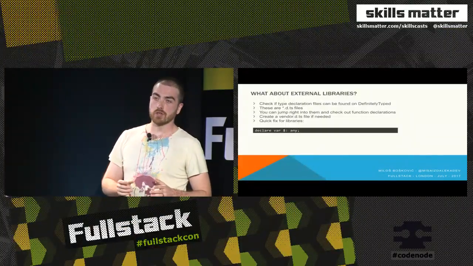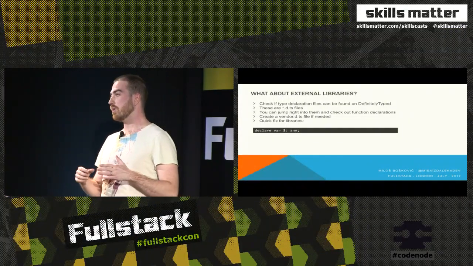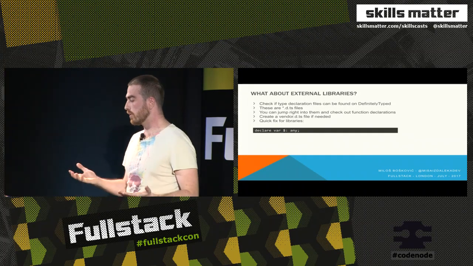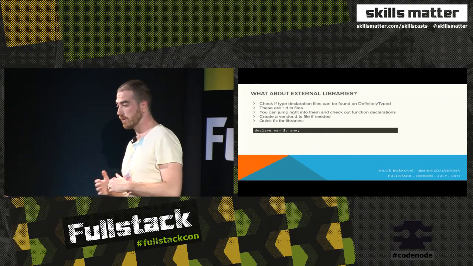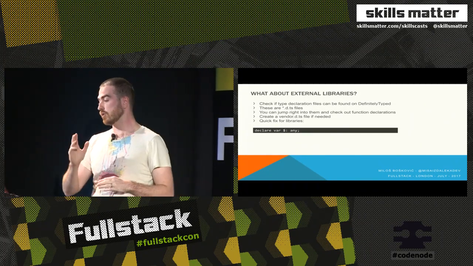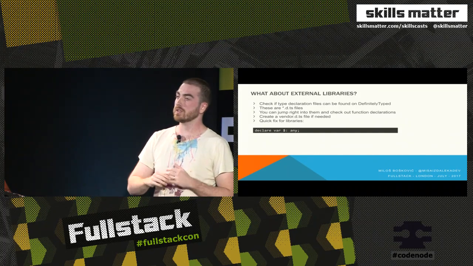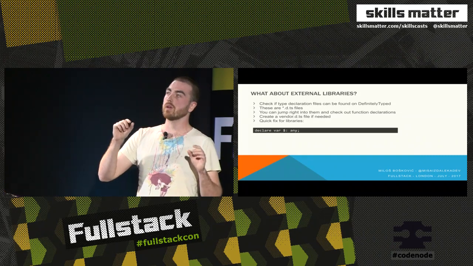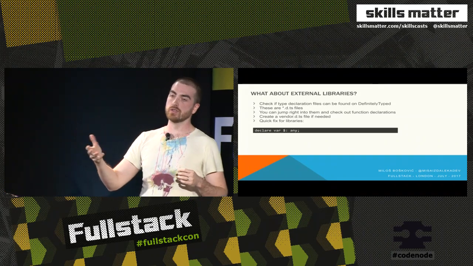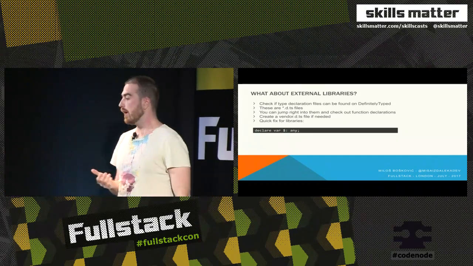But luckily, there is a solution for that, and that's a site called DefinitelyTyped. This site contains declaration files for all major libraries that you run into when you're doing your development, jQuery included. These files are .d.ts files, and what they contain is just declarations of all of the functions that the library has.